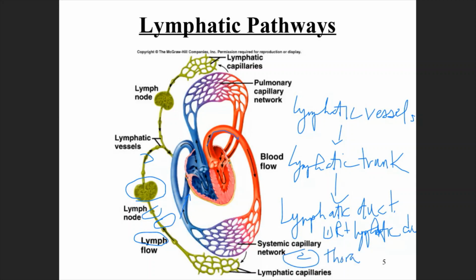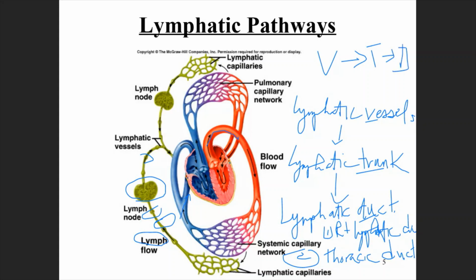So in the future, if I ask what is the direction of the lymph flow, and you need to know them, think of them as V to T to D, right? It's in alphabetical order, but reverse. Right?